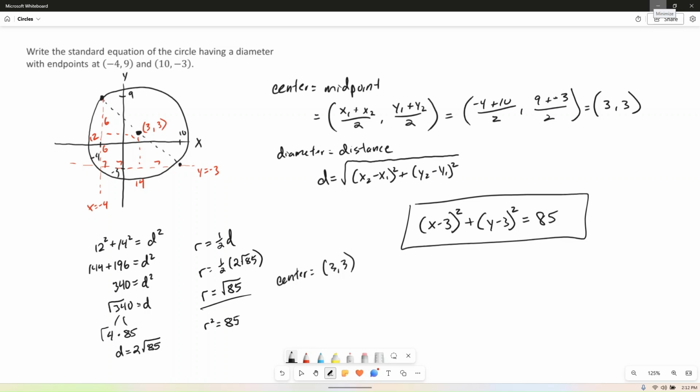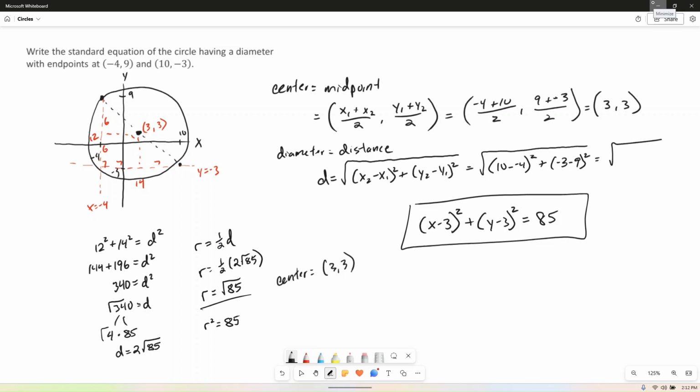And if we did the same thing with the distance formula, we're going to have the square root of 10 minus a negative 4 squared plus negative 3 minus a 9 quantity squared.